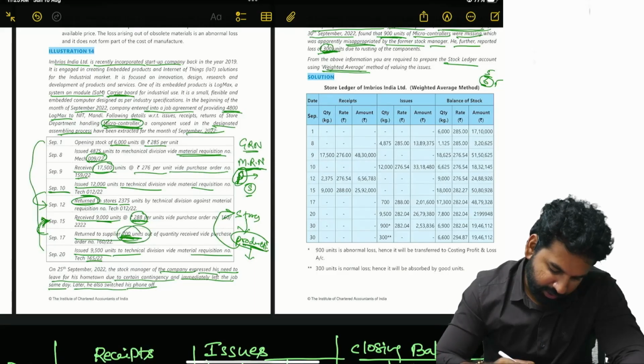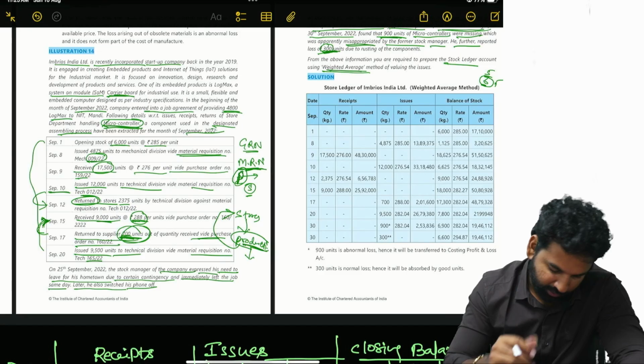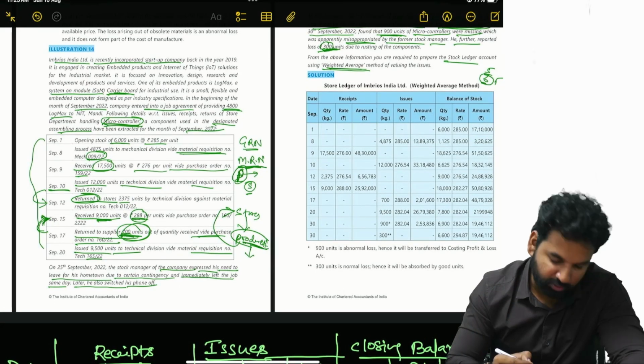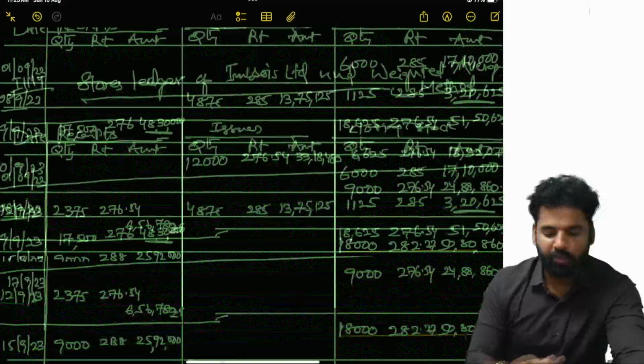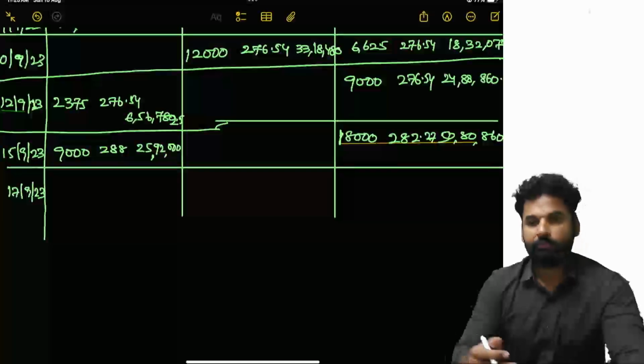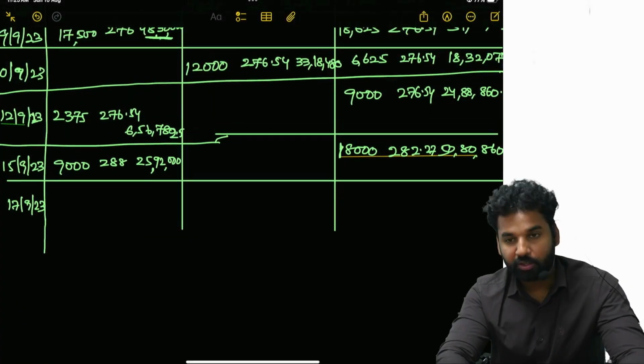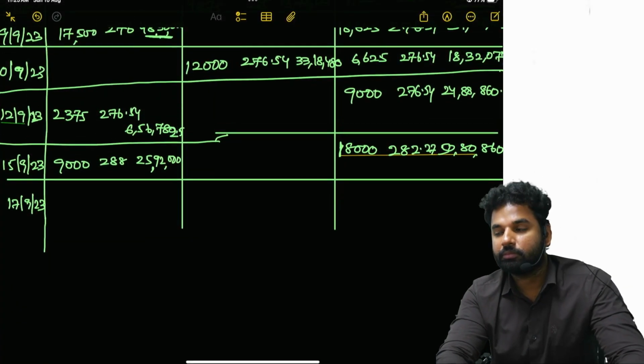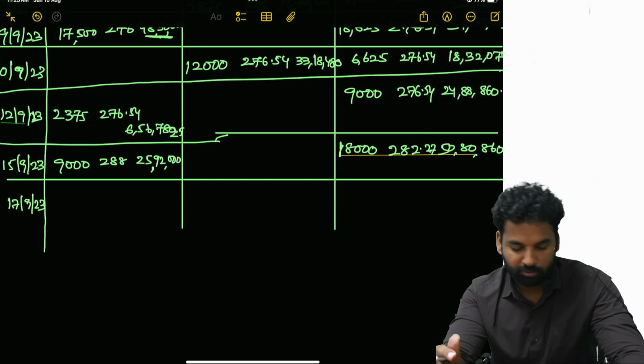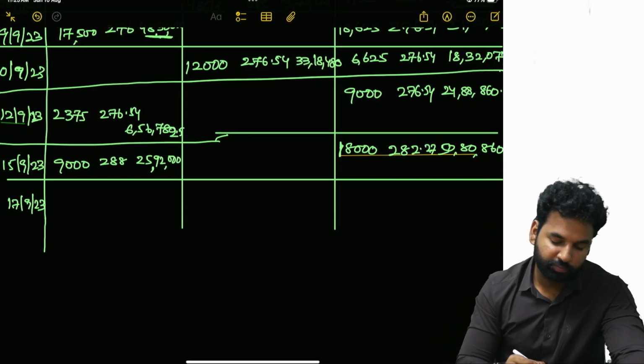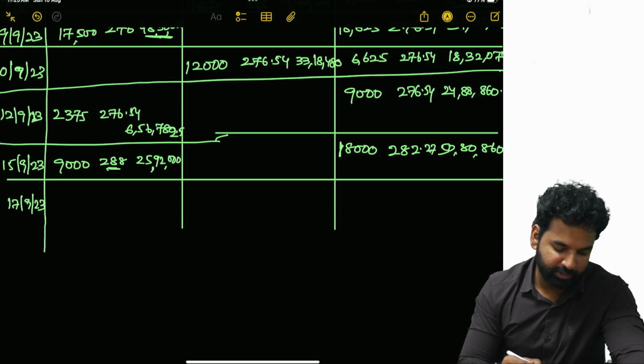Return to supplier 700 units, via purchase order number 160/22, right? So out of this 9,000, whenever you are returning, at what price you have to return? Purchase price, invoice price. Now, what is the invoice price? 288 is the invoice price.